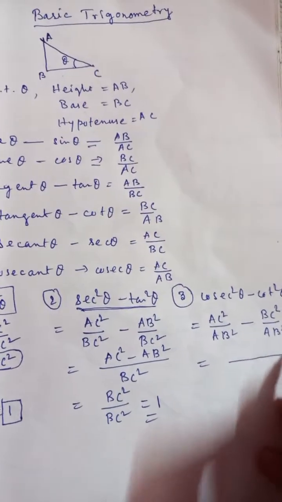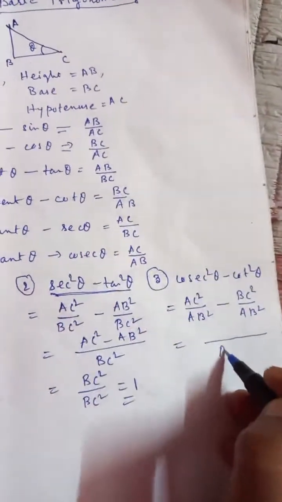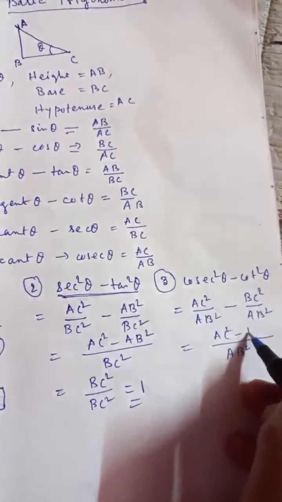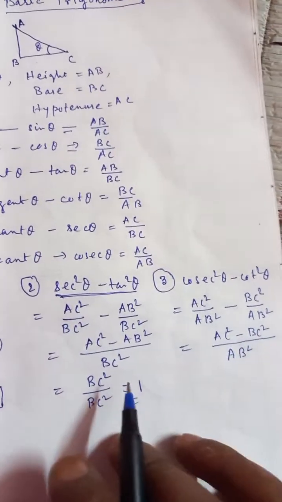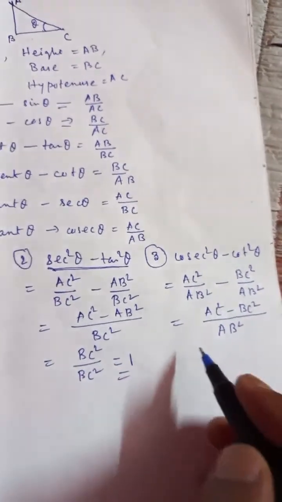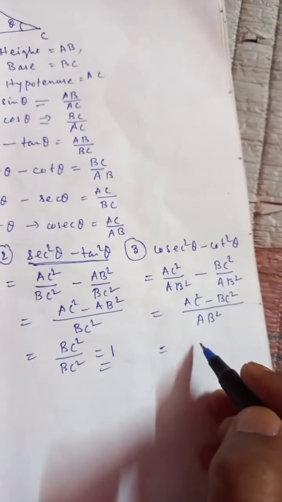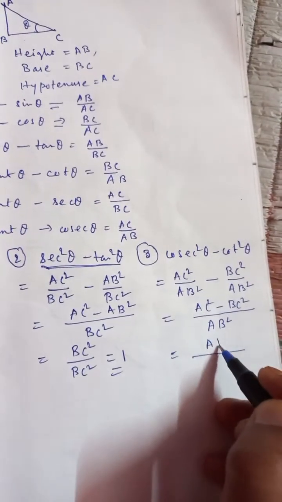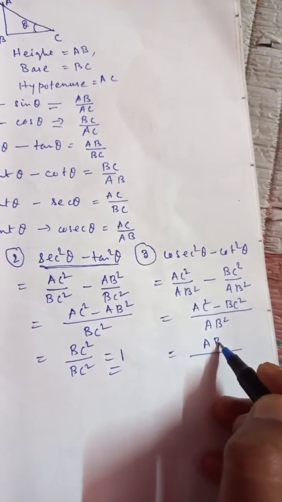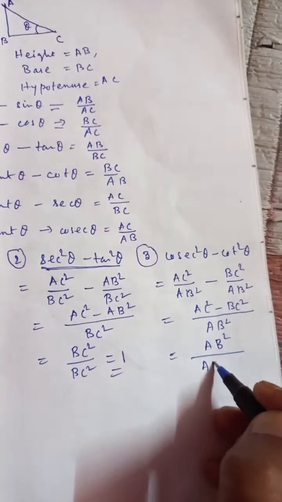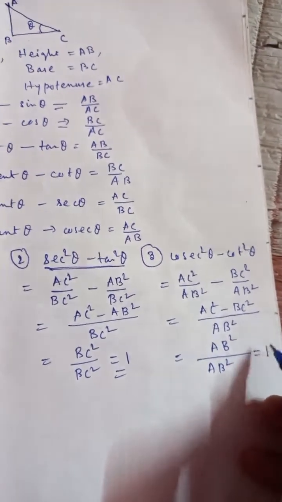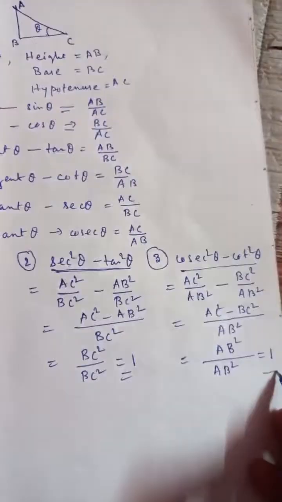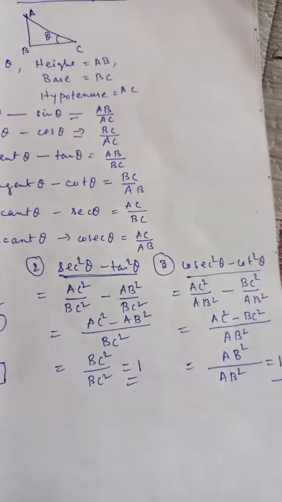This will be AC square minus BC square by AB square. So AC square minus BC square will be AB square again by Pythagoras theorem, AB square by AB square equal to 1. So this is our third formula, that cosec square theta minus cot square theta is equal to 1.